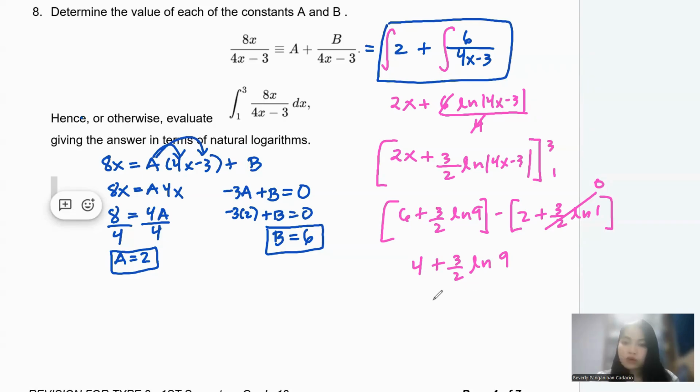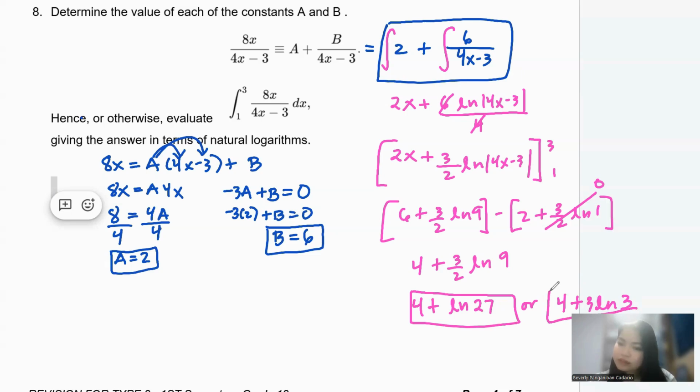Let's go with 4 plus, again, making this one an exponent, it will just give you 27, right? So you can also put that as ln 27. But you can also write 4 plus 3 ln 3. It's just going to be the same thing, right? Because if you have 3 raised to 3, of course, that's going to be 27. So you can write 4 plus ln 27, or 4 plus 3 ln 3. That's going to be the same thing.